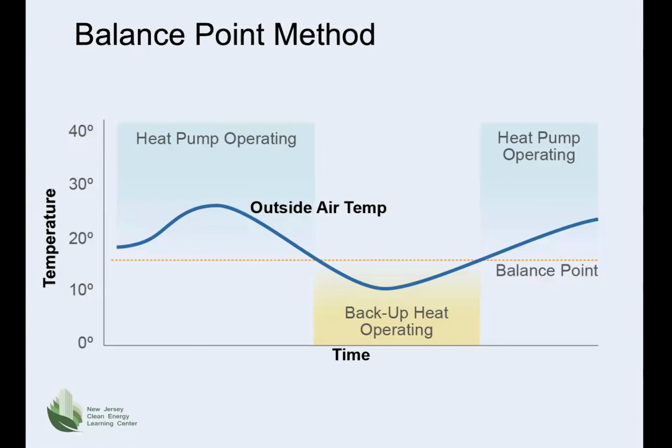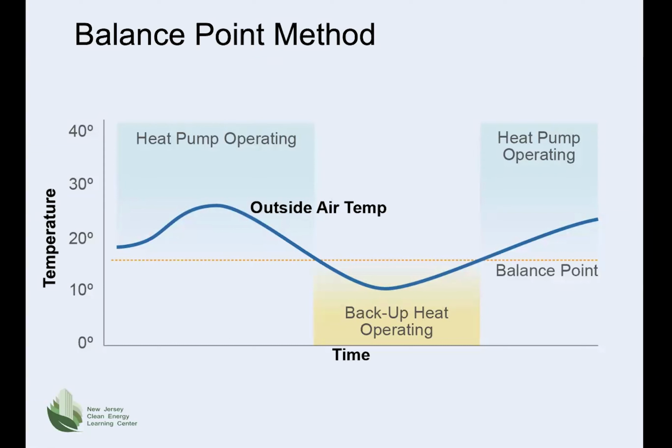So that's where the balancing point is, and this is in line with the previous slide. The shaded blue area indicates the time that the heat pump is operating, and the yellow shaded area indicates the time when the backup heating equipment is operating. With this type of control system, either the heat pump is running or the backup heating equipment is running.